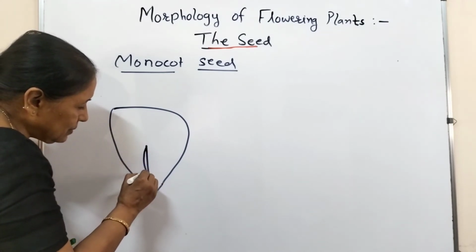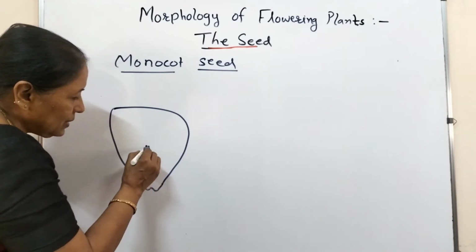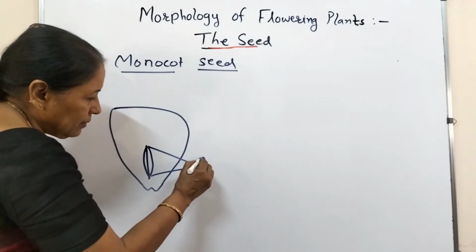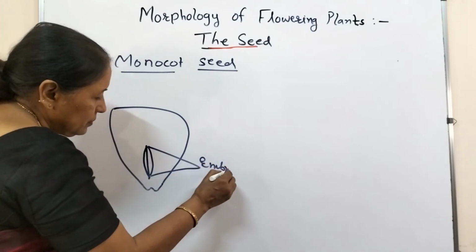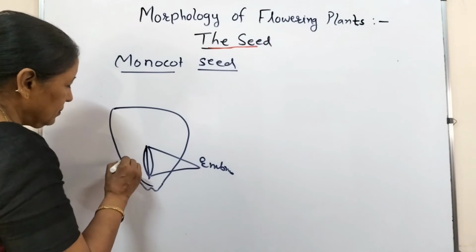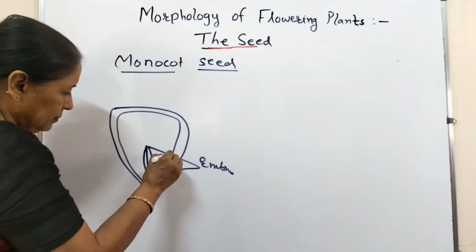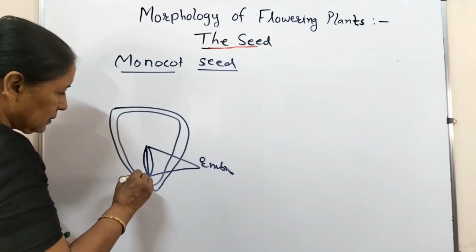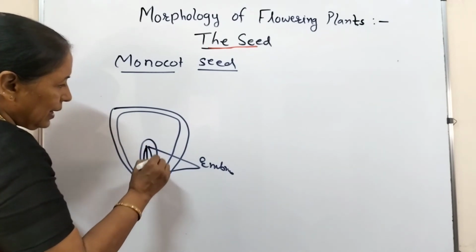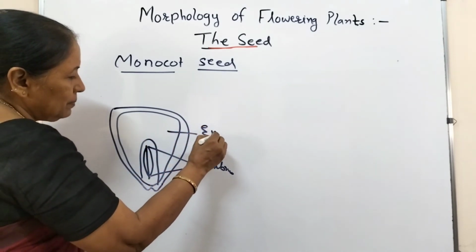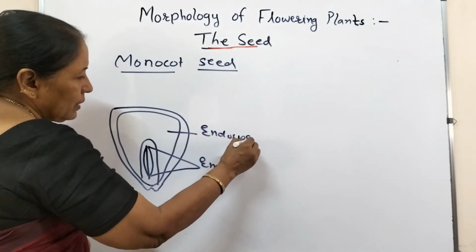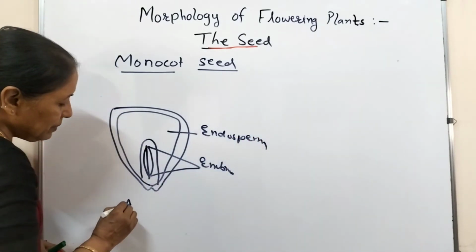This is the position of embryo. And this is endosperm. This is maize seed.